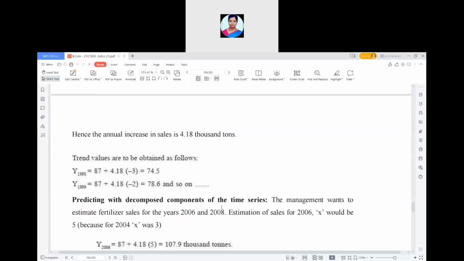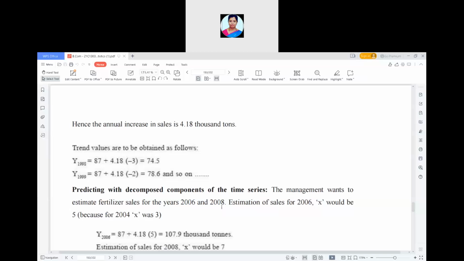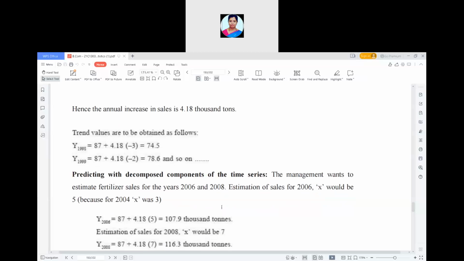So in this one, next we are going to see predicting with the decomposed component of the time series. The management wants to estimate the fertilizer sales up to 2006 and 2008. The estimation of sales for 2006 is X, and that value will be 5.